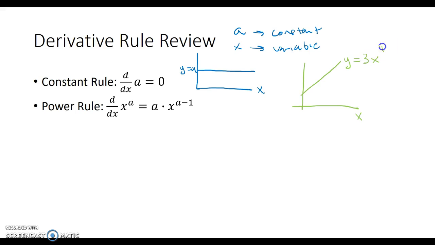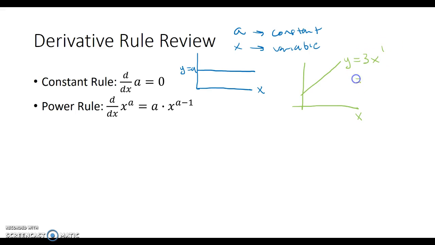Okay, well, this is a power function, right? Because the power in this case is really x to the first power. Well, the coefficient doesn't really affect this, it just scales it by a factor of 3.